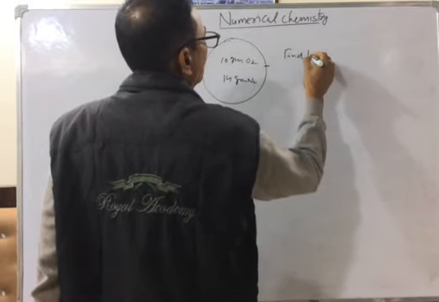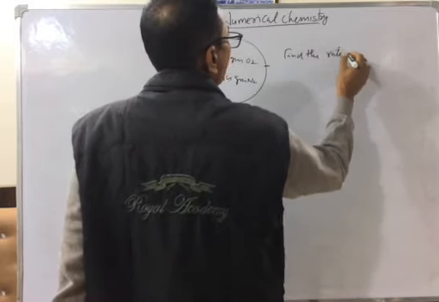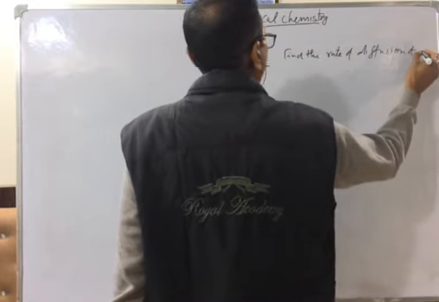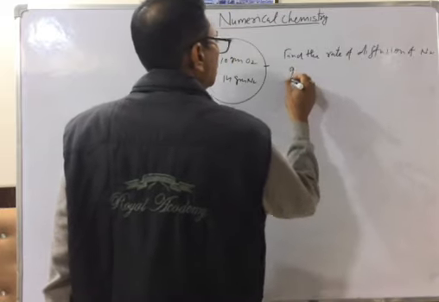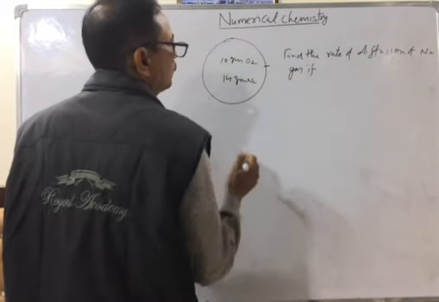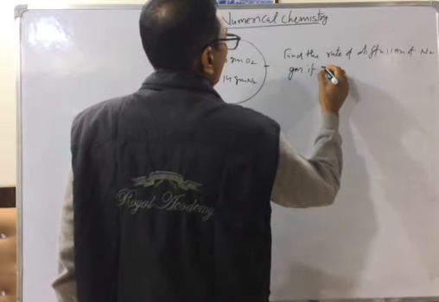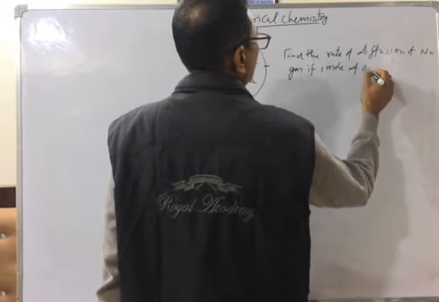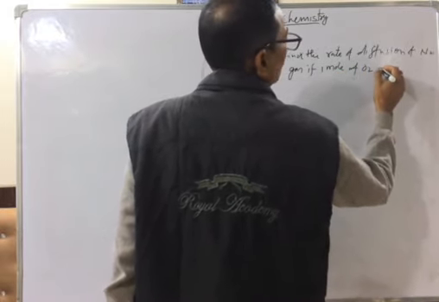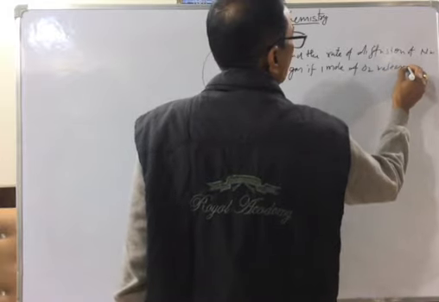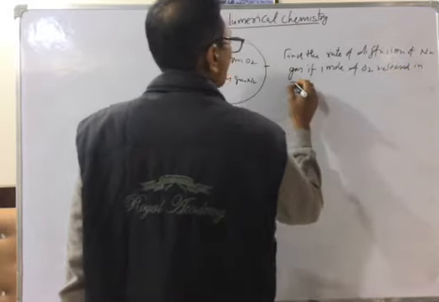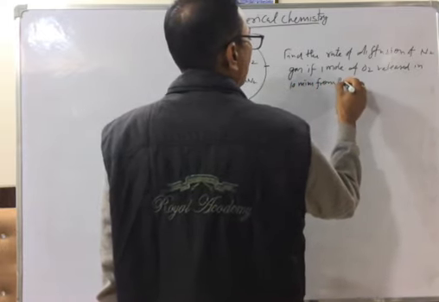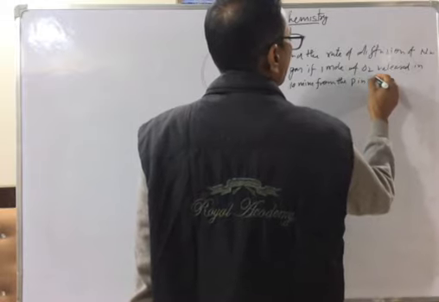Find the rate of diffusion of nitrogen gas if 1 mole of oxygen is released in 10 minutes from the pinhole of the vessel.